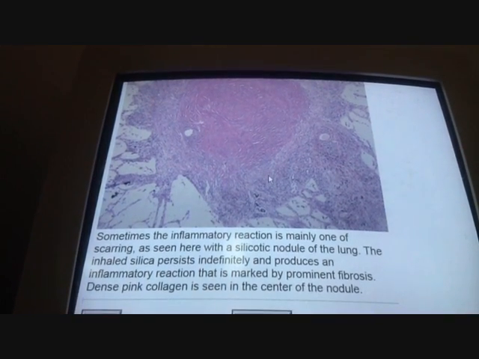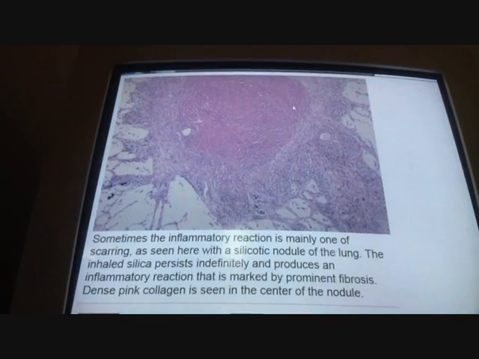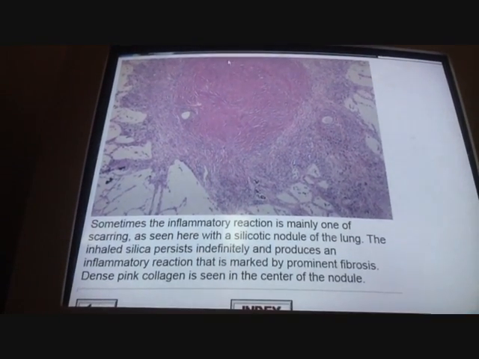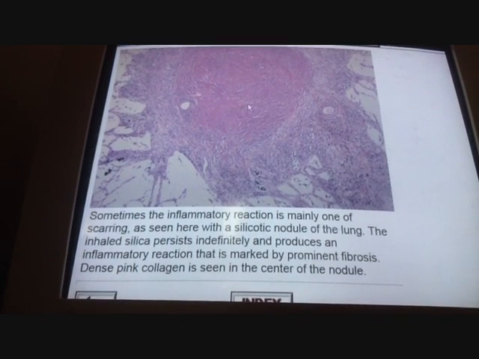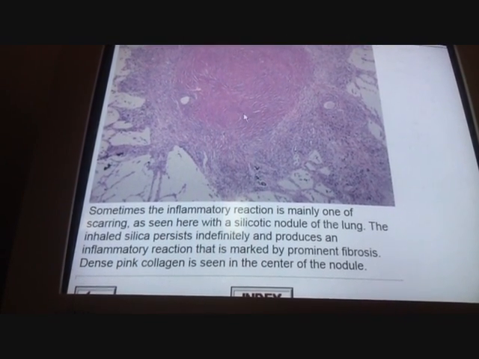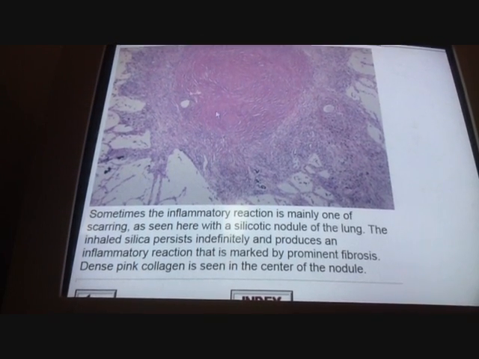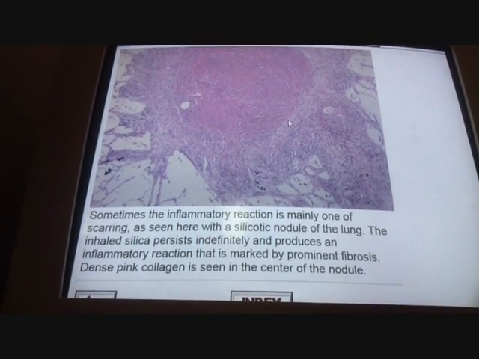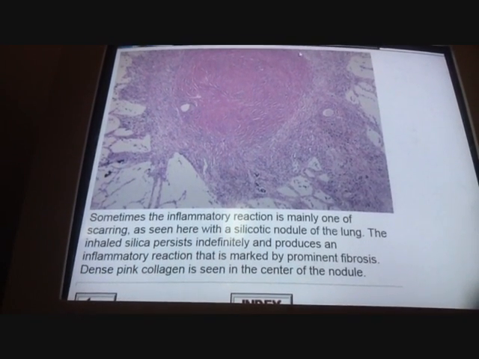Sometimes the inflammatory reaction is mainly one of scarring. So in this case, we have a scarring nodule, or a nodule with central scarring. This whole pinkish fibers are collagen fibers as a result of a reaction to silica particles. This patient had silicosis, so inhalation of silica particles, and when they reach the lung, the body will form such a reaction.